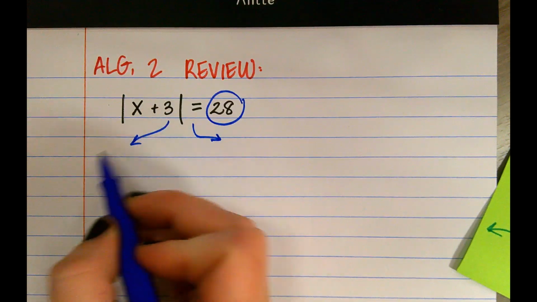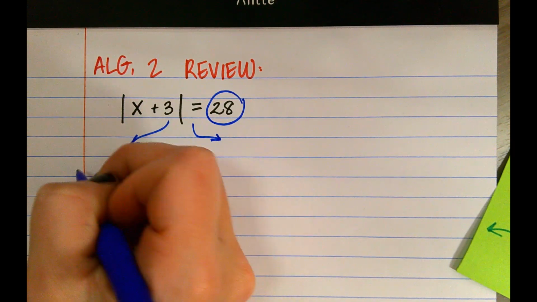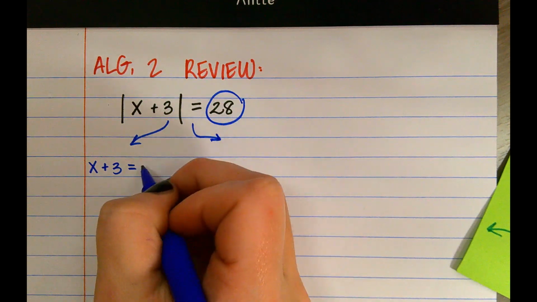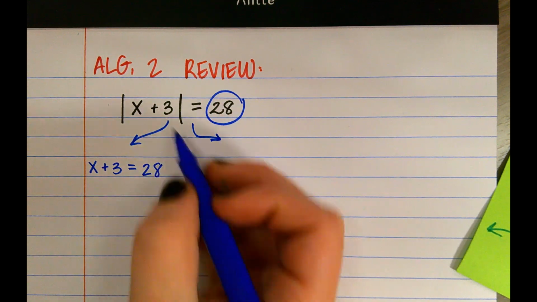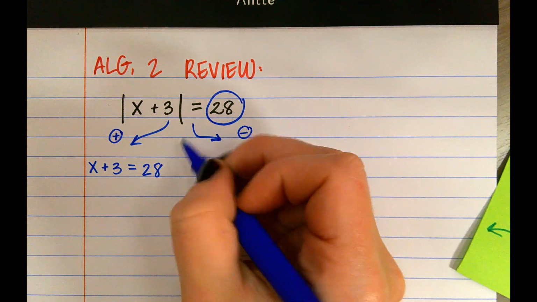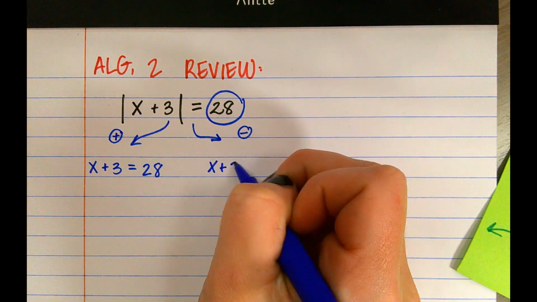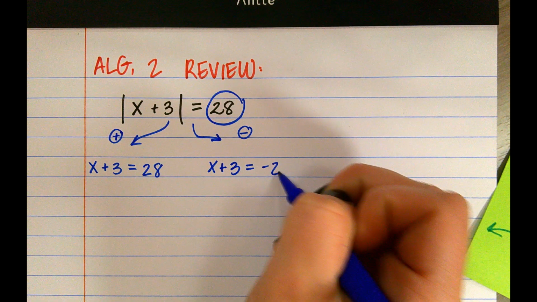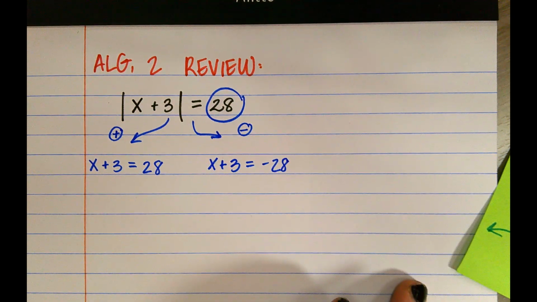So I'm going to bring this down, no absolute value bars. x plus 3 equals 28 as it is, my positive equation. My negative equation will be x plus 3 equals negative 28.